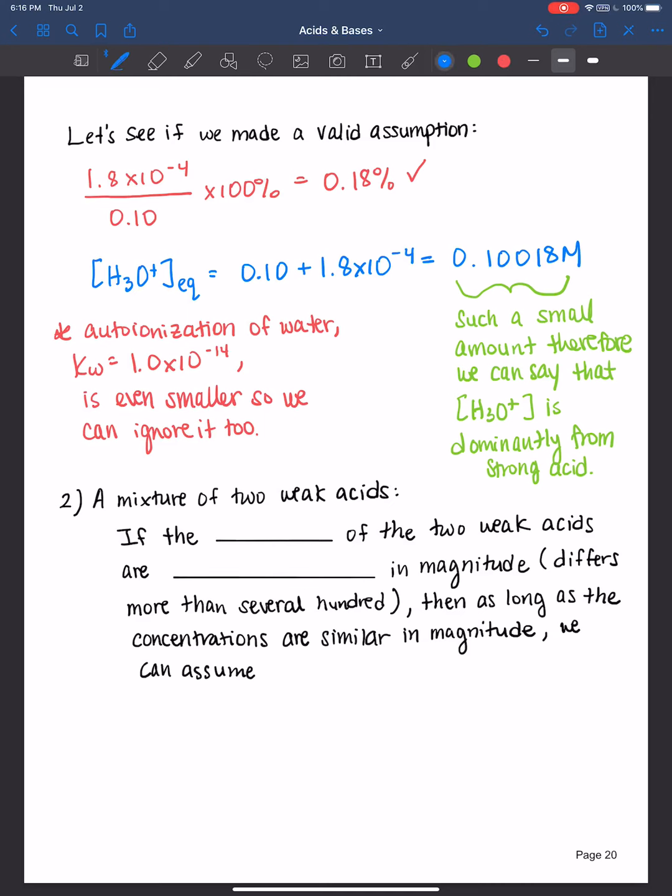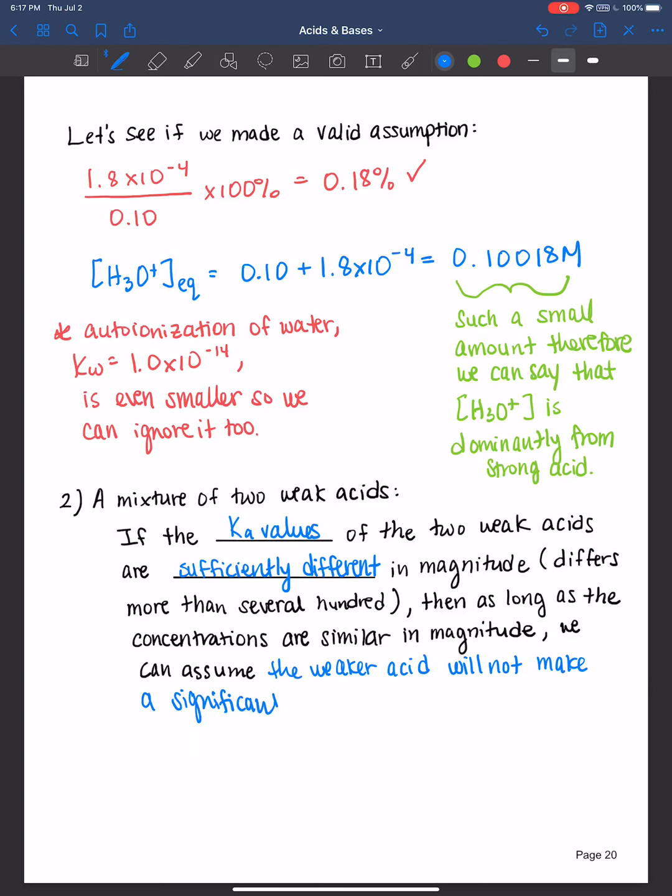Well, we'll look at the Ka values, and if the Ka values of the two weak acids are sufficiently different, and what I mean by that is that it differs by more than several hundred, then as long as the concentrations are pretty similar in magnitude, we can assume the weaker acid will not make a significant contribution of hydronium ions.